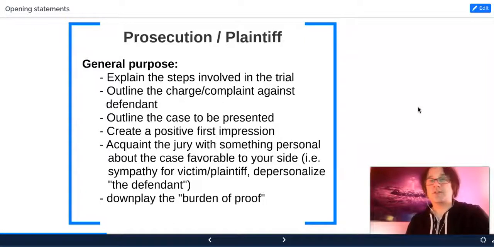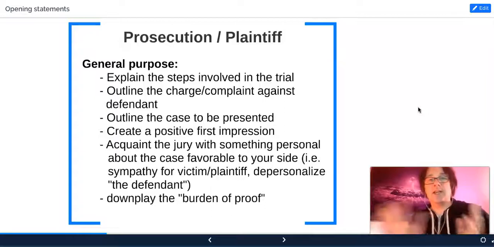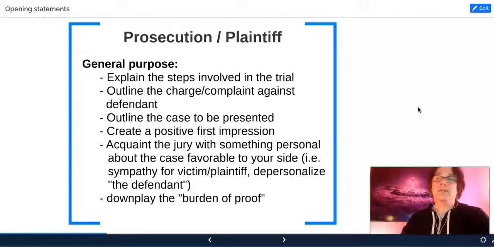Also, the prosecution should try to downplay the burden of proof. So you might do that as a prosecutor by emphasizing that beyond reasonable doubt doesn't mean beyond any doubt. That it's important to make sure that justice is served here.